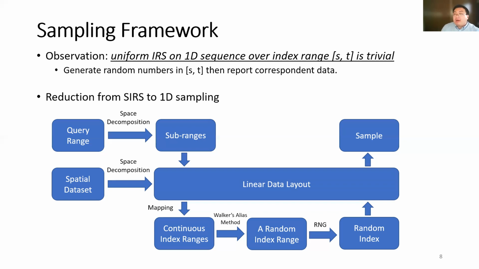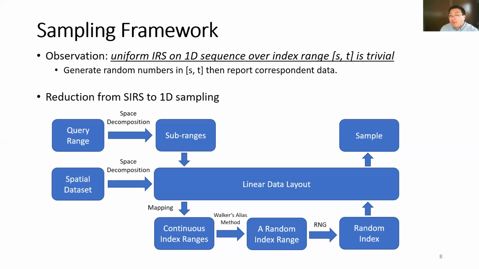Now when an SRS query is issued, we can use exactly the same decomposition strategy to decompose the query region into multiple continuous index ranges on our linear data layout. At this point, we pretty much reduce an SRS problem into a discrete weighted sampling problem plus a bunch of uniform IRS sampling problems on a single dimension.